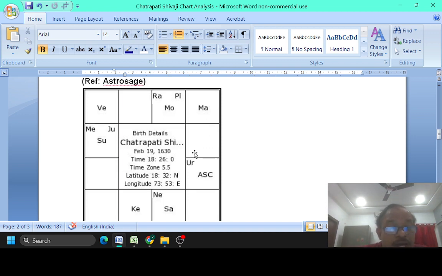If you look at Shivaji Maharaj's chart, he is born in Leo Lagna. The ascendant is in Leo, written here as ASC, meaning ascendant. That is the first house.